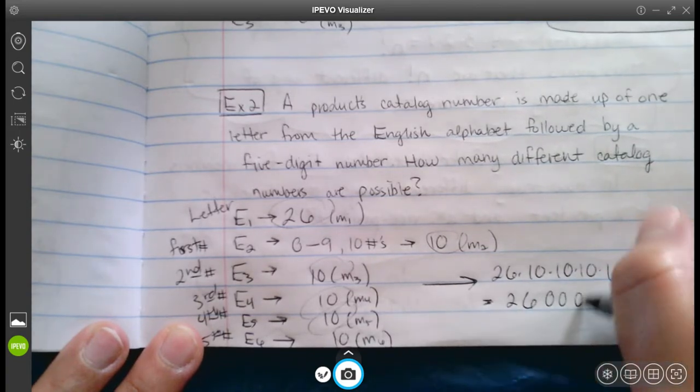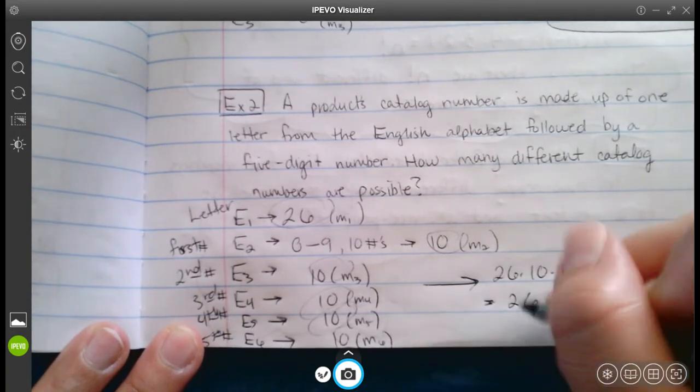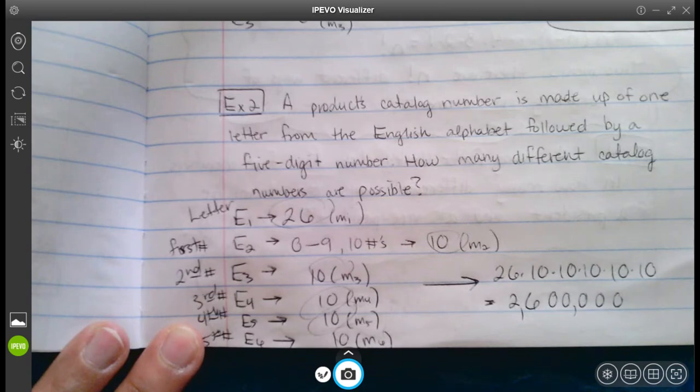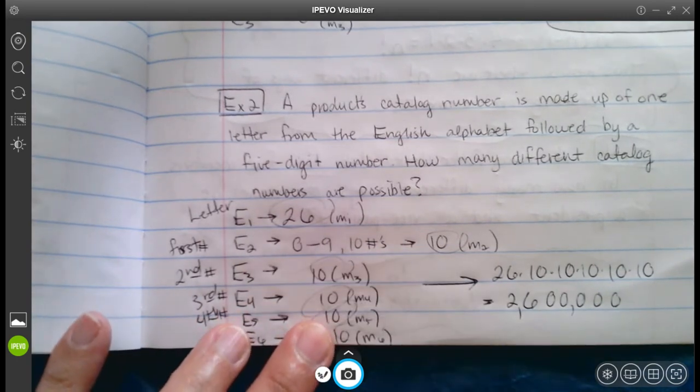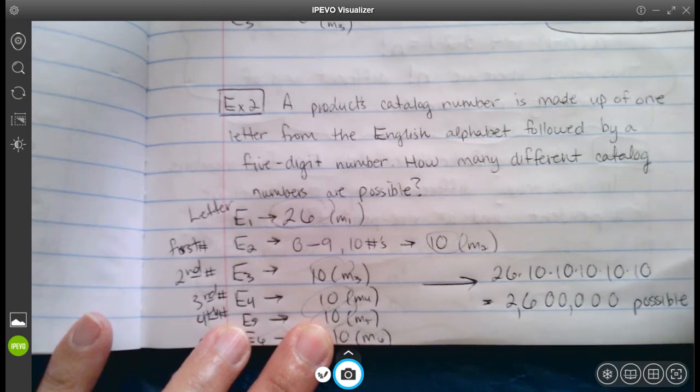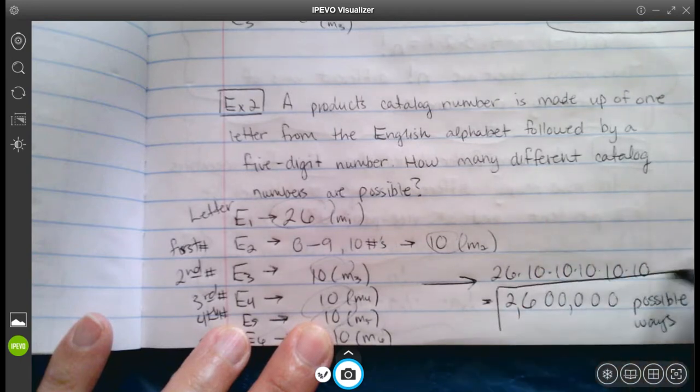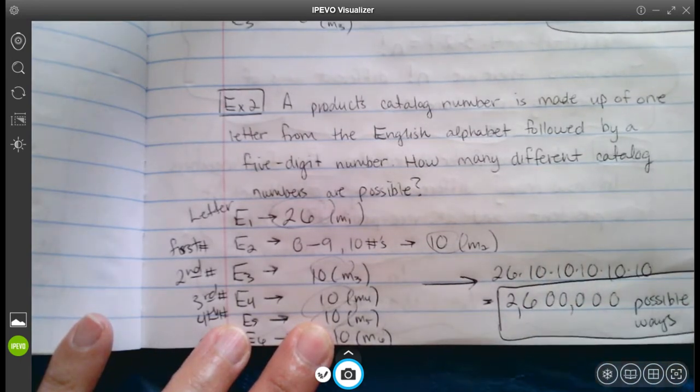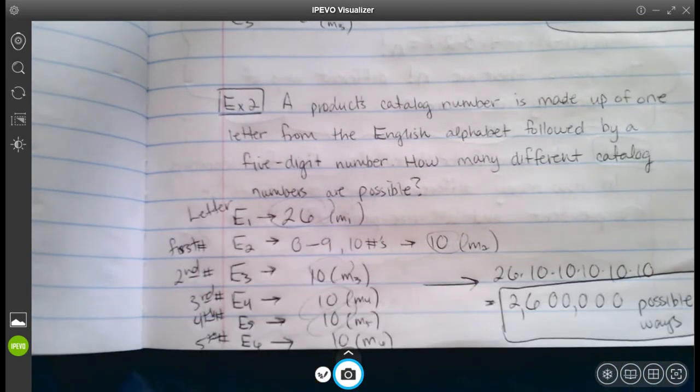That's 2,600,000 possible ways, I guess I can say. And that's it for this first concept of the fundamental counting principle.